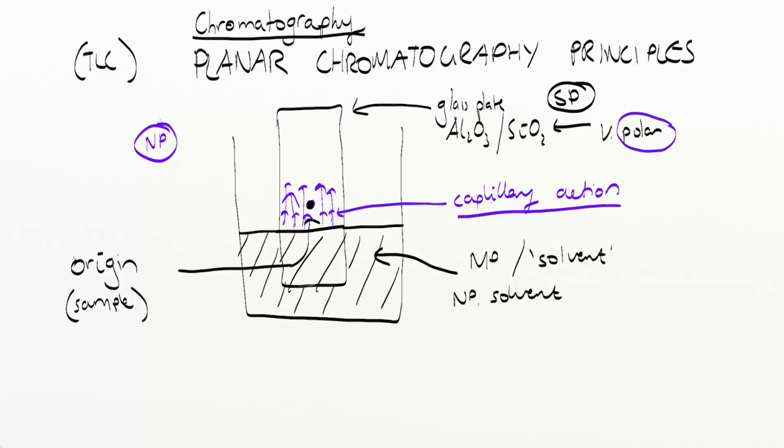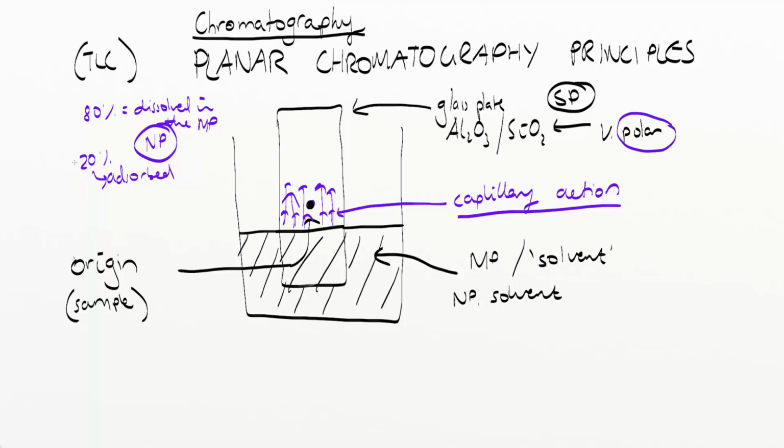The non-polar component plays a game where 80% of its time is spent dissolved in the solvent, or the mobile phase, and because the mobile phase is moving, the component will be moving up. But maybe 20% of the time it will be adsorbed. We say adsorbed because the stationary phase is a solid, so 20% of the time it will be adsorbed onto the surface of the stationary phase and not moving.